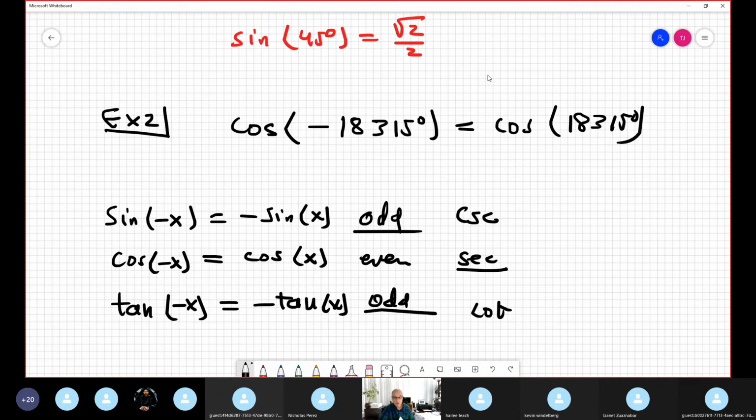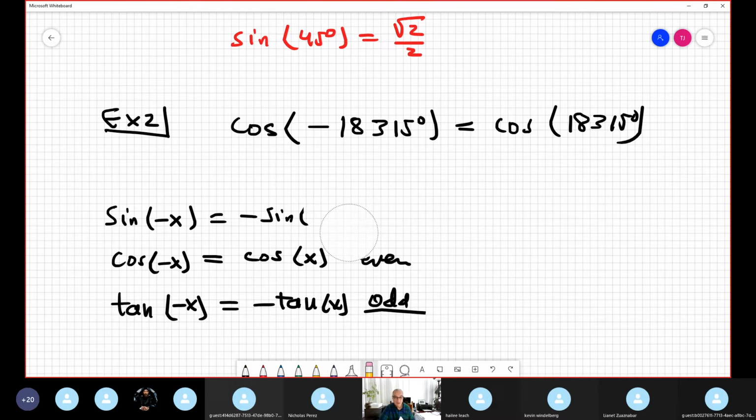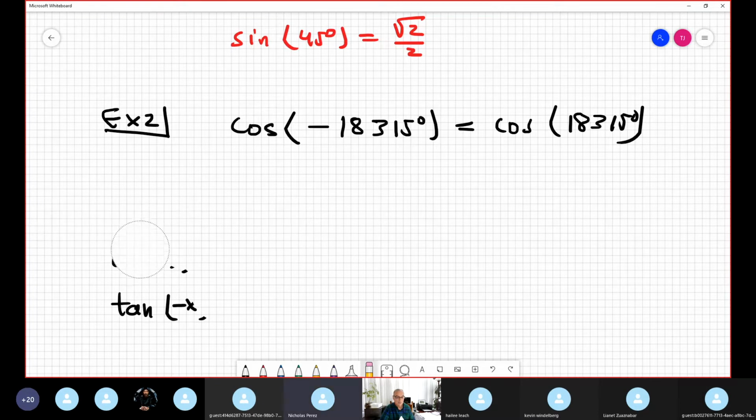Don't be scared when you see a negative angle, because you apply the odd-even trigonometric identity immediately. Essentially, for cosine, if it's negative, it's going to be positive all the time. Cosine, yes. Sine, no. And if sine is negative, you put it outside.